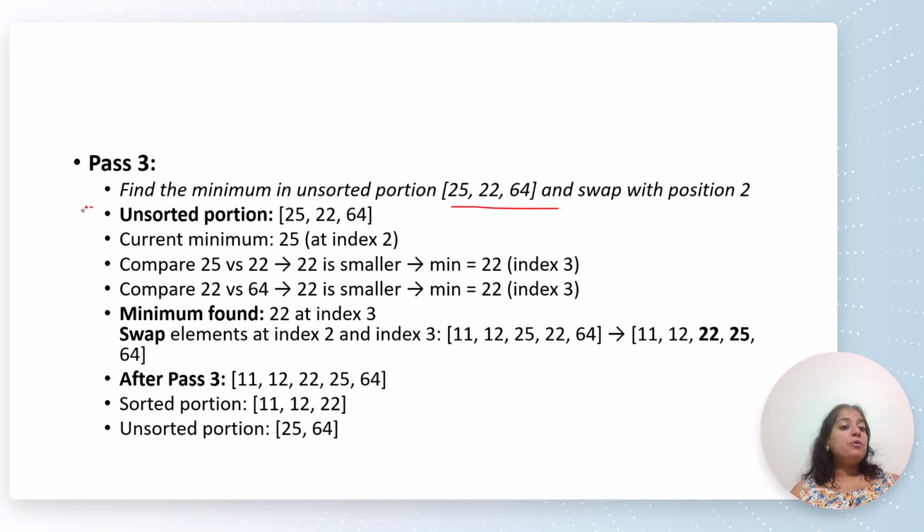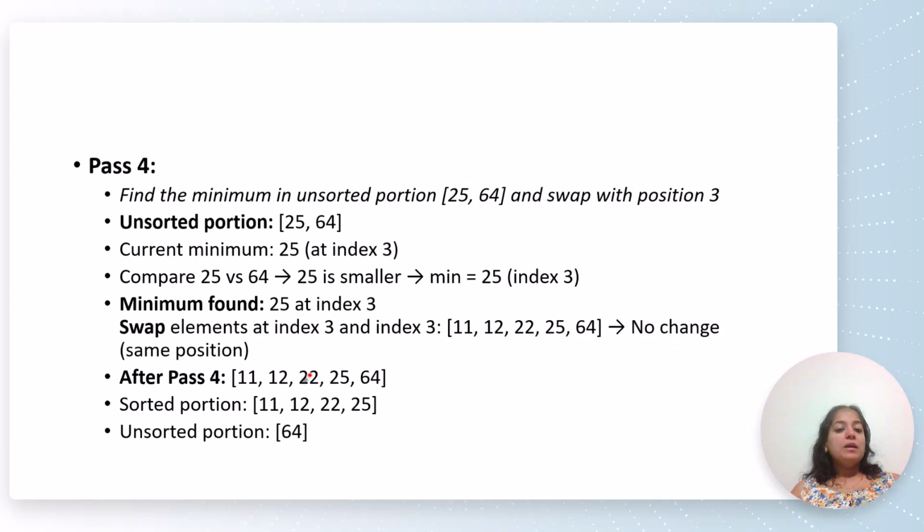We are executing the algorithm of finding the minimum value in an array. Then 22 will be swapped with 25, so your array becomes this one. After pass 3, the sorted portion is 11, 12, 22 and the unsorted portion is 25, 64. Then in pass 4, we find the smallest element of 25 and 64.